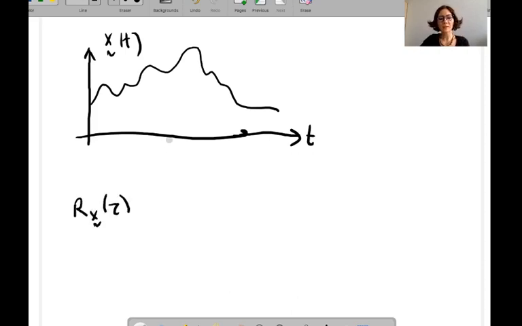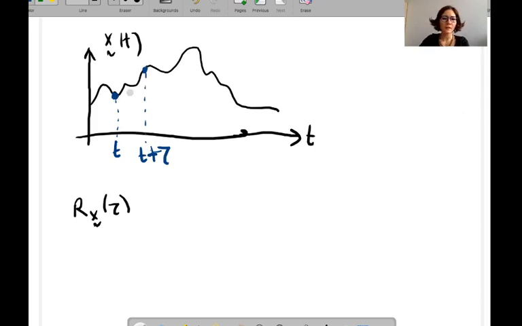So what is the best thing that we can do actually? Again, remember, this was about the expectation of the product. If you look at the random process at some t and at t plus tau, I can look at what this product is for this particular time instant t.